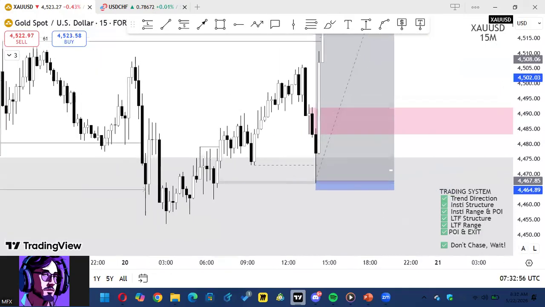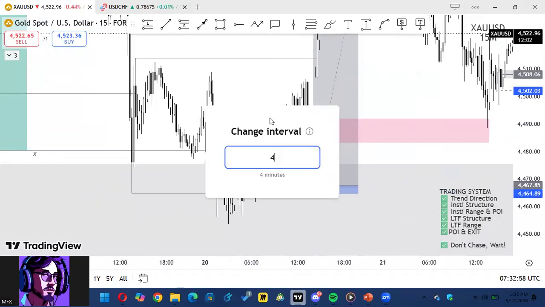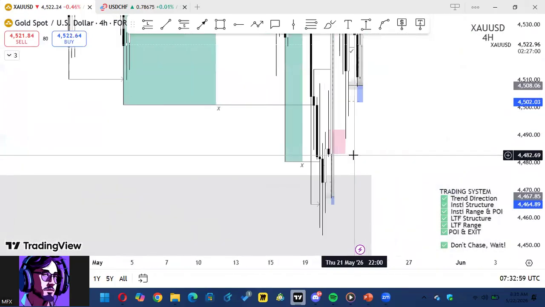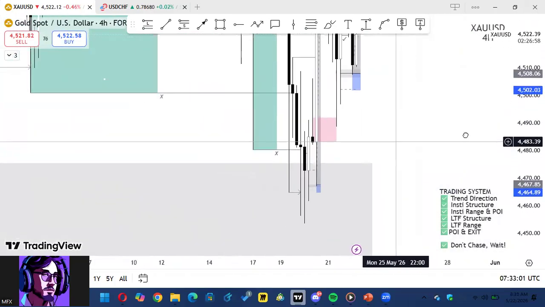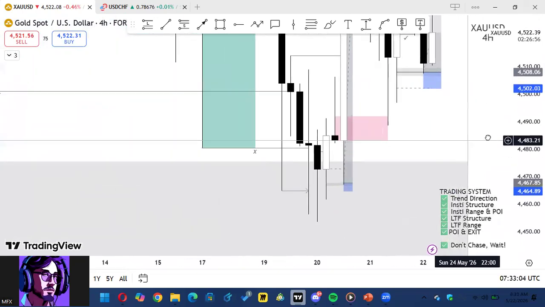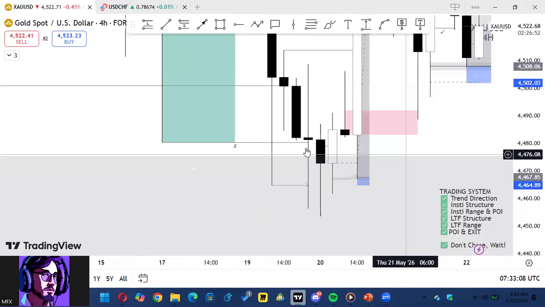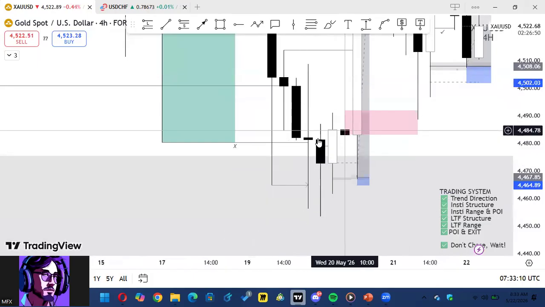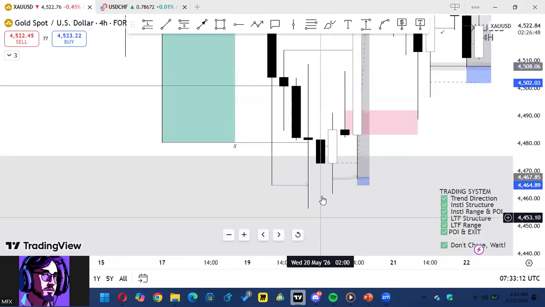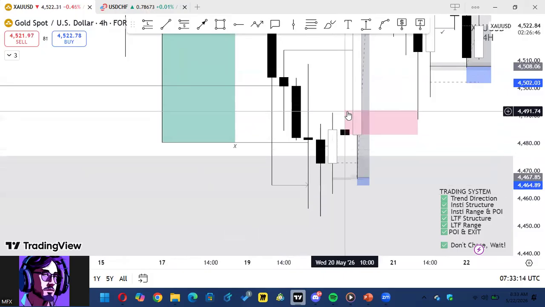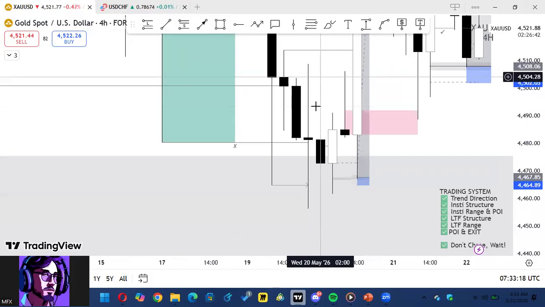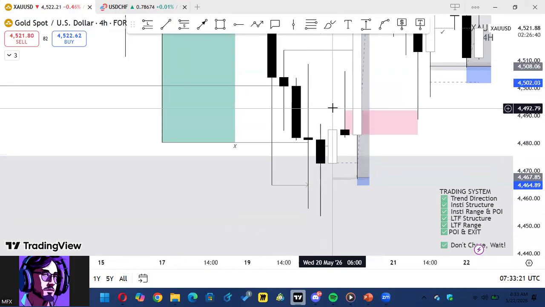So you could see 4 hours absorption, liquidity gap without the candlestick body close, absorbed, absorbed, and retracement, absorbed, absorbed, and retracement.